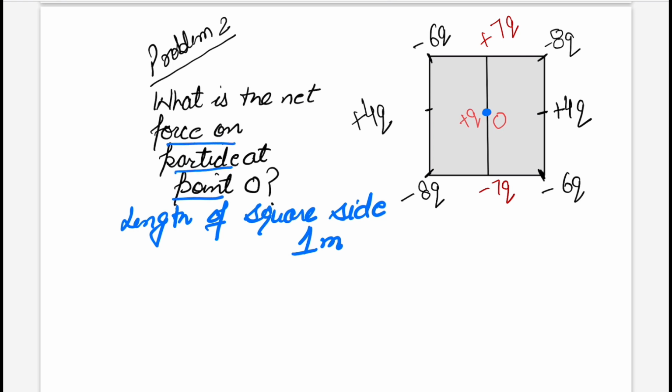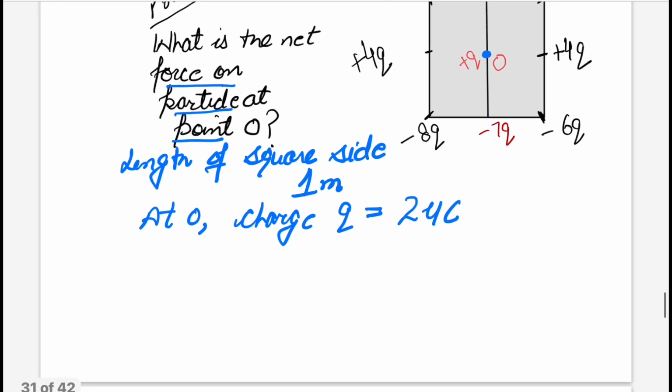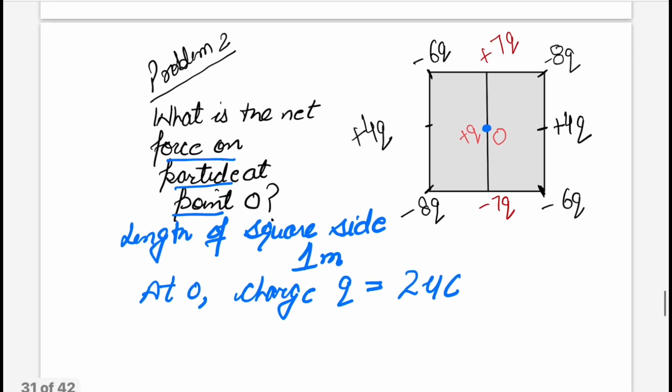What we have at O? At O, we have charge q, and the value of this charge q is 2 microcoulomb. This value for charge q is given. Let me repeat the things again for you. What is in the figure?